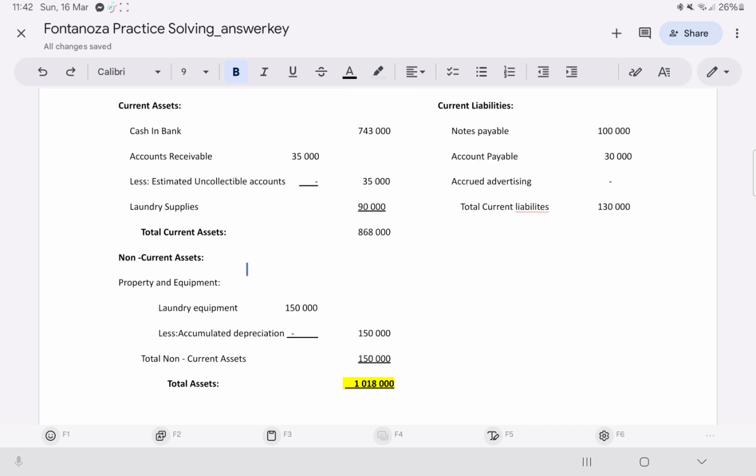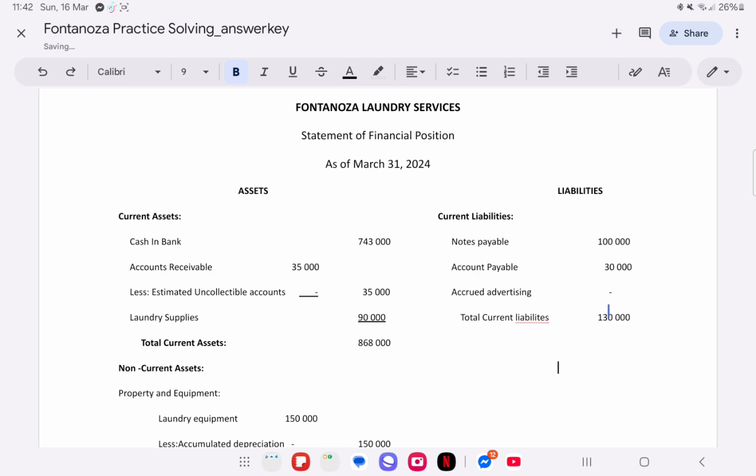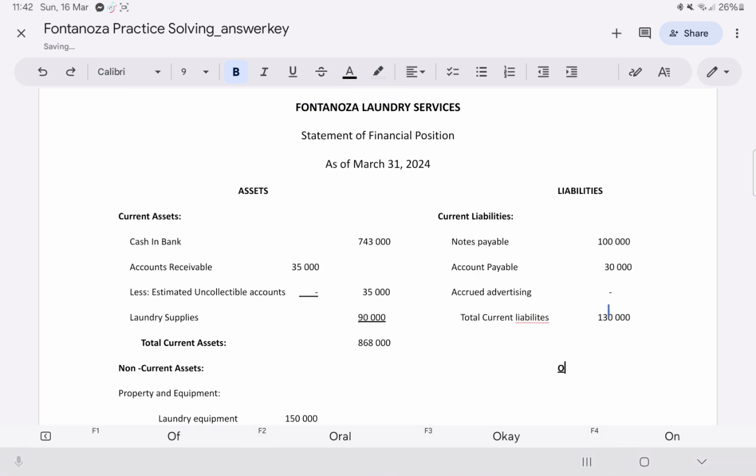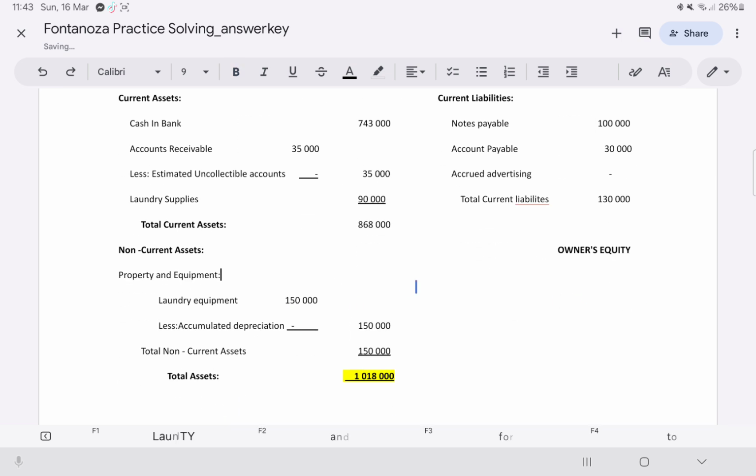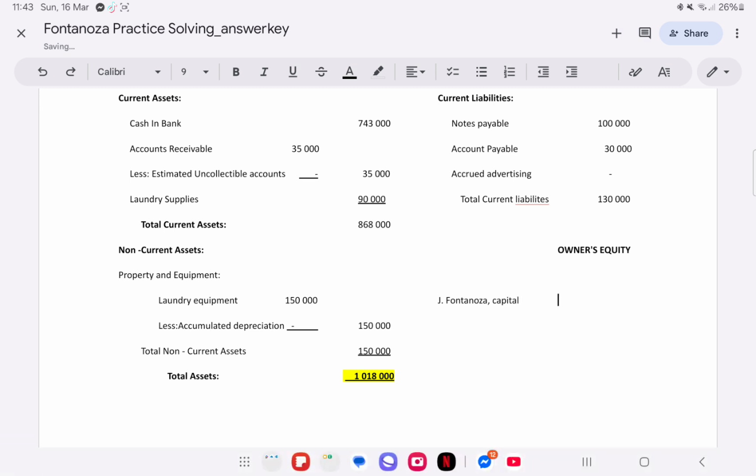Then our owner's equity. So we have J. Fontanoza Capital.